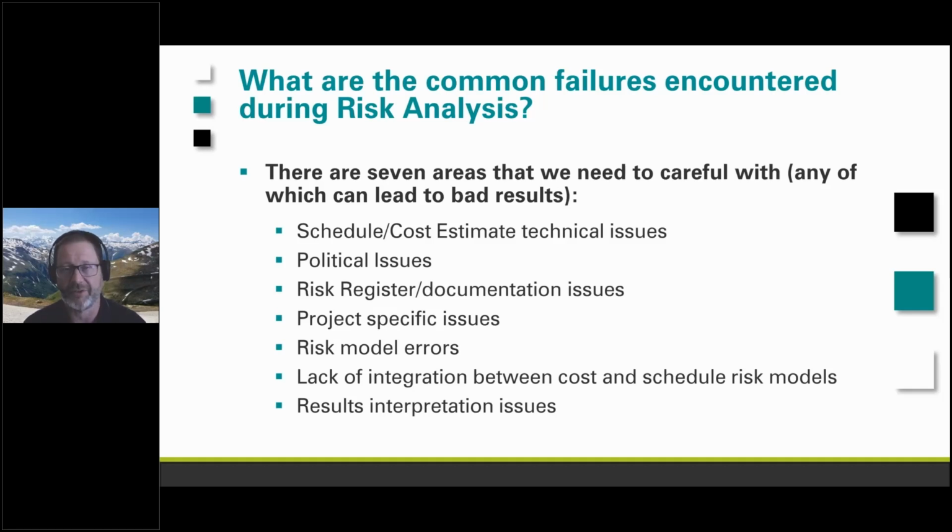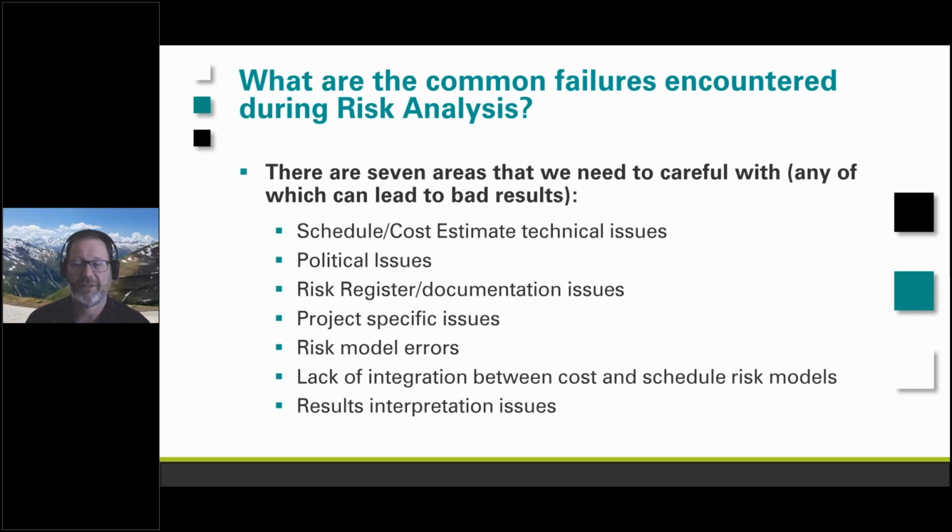So if you have a new technology or a fast track project or an iterative development project, those things all have specific challenges that need to be understood. Errors in the risk model itself, so things that are improperly modeled. Lack of integration between cost and schedule risk models, which leads to wildly varying results. And finally, interpretation issues when the model is finally built.